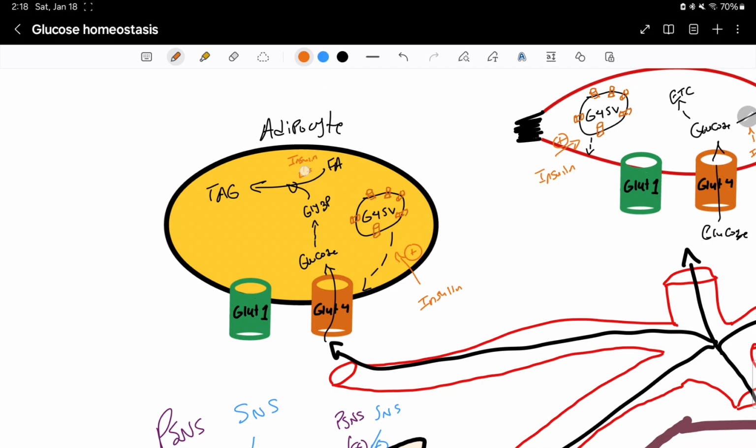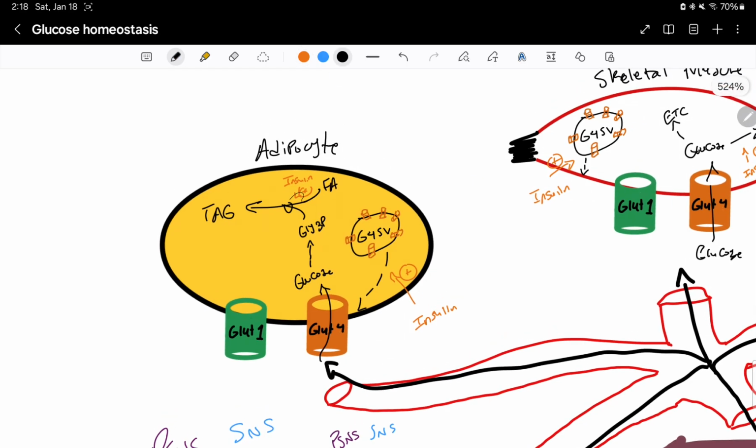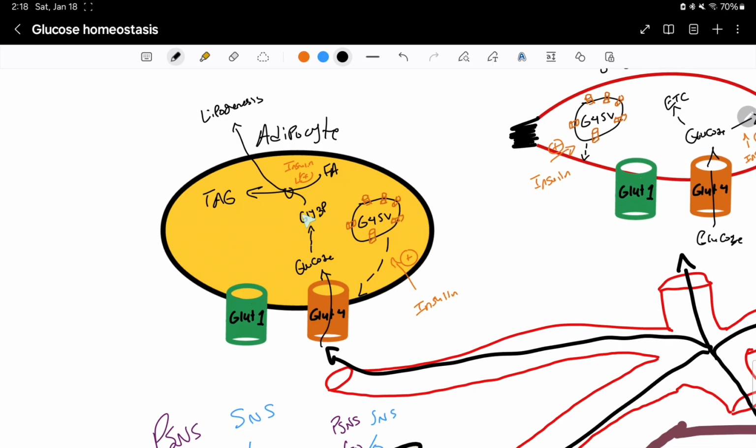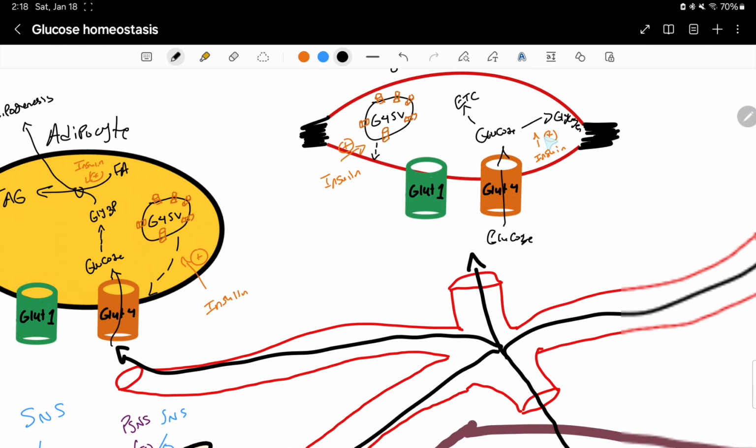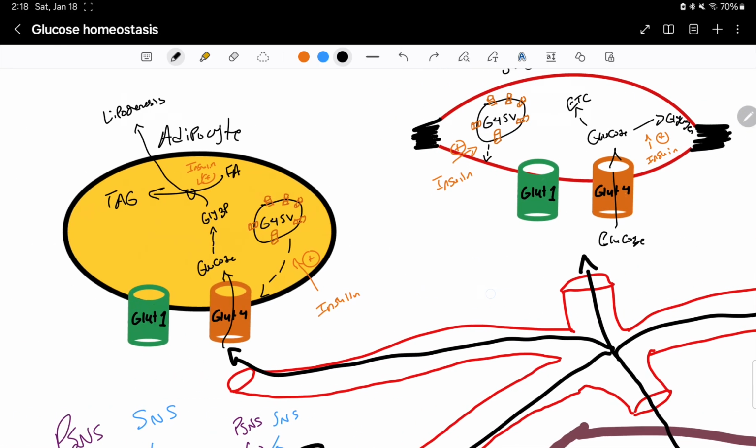Insulin is saying, hey, go ahead and make lipids for me. You guys remember when we were breaking down lipids? That was called lipolysis. What about when we're making lipids? That's called lipogenesis. So insulin has a lipogenic effect. Remember, it's an anabolic hormone. It wants to build things up. So it's building up fat. It's building up glycogen.